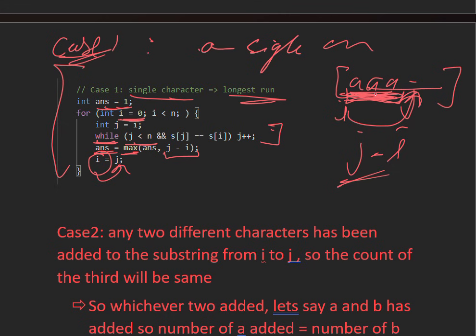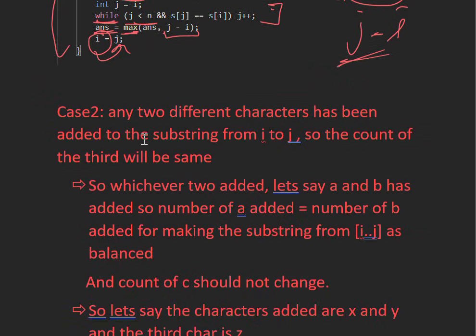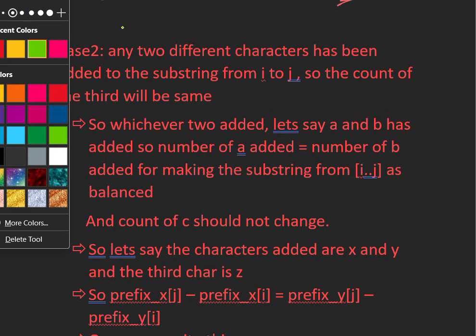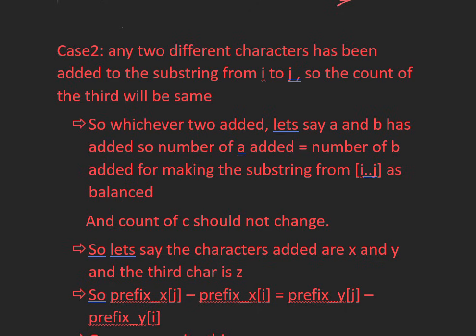Next is case 2. So in case 2, as you already saw, two characters can be added, right? So what can be those two characters? Either it can be AB, AC, or BC. So in this case, the count of C at index i and count of C at index j should be the same.